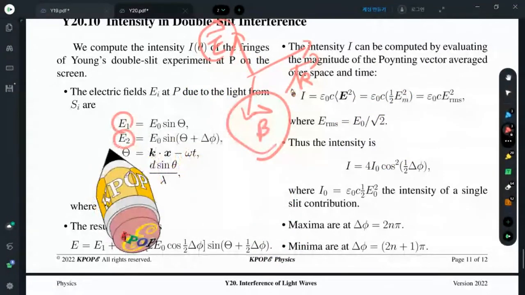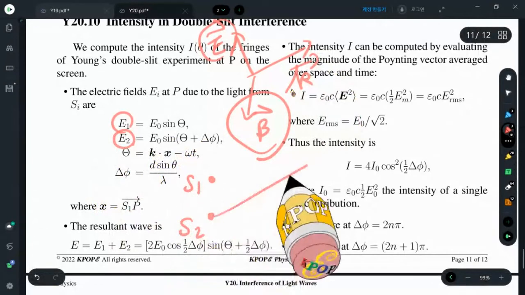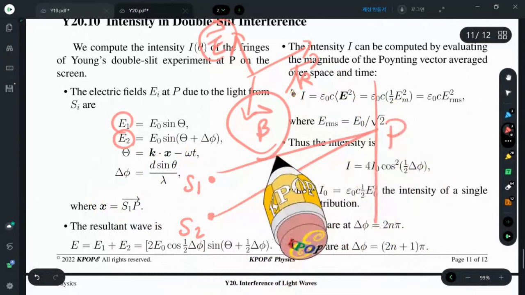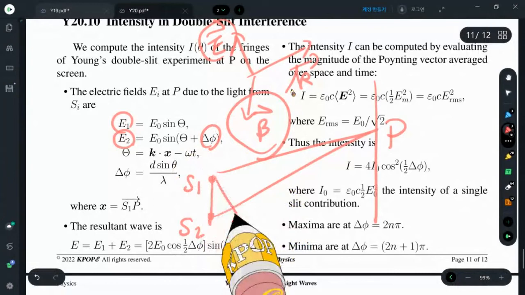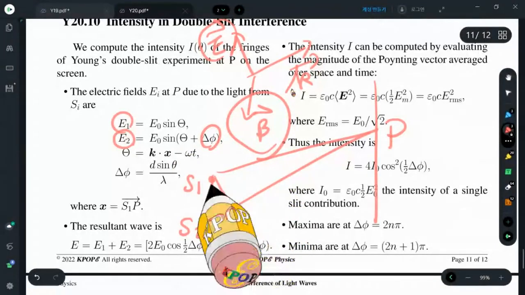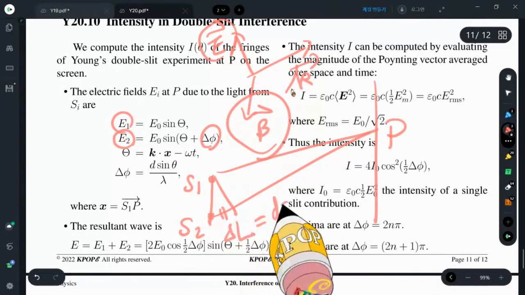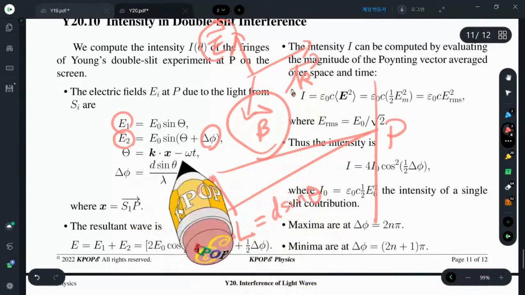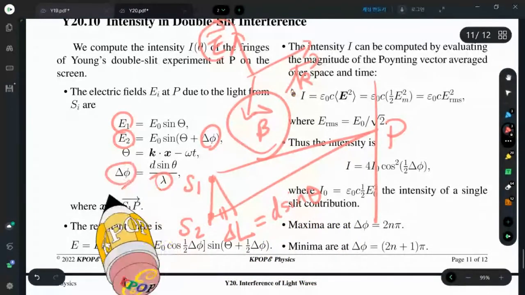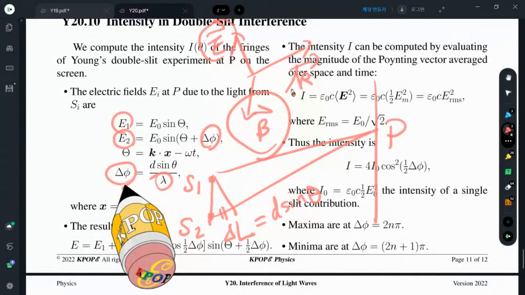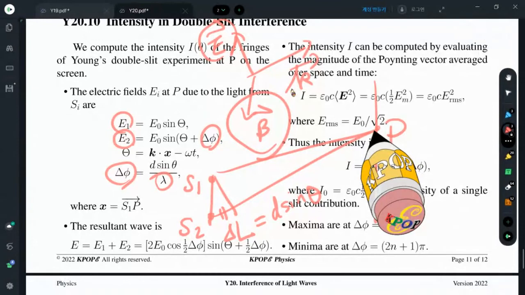The two light waves coming from slit 1 and slit 2 to point P on a screen can have a phase difference due to the path length difference, that is d sine theta. So d sine theta is scaled by the wavelength, and if it is a multiple of 2 pi, then it becomes the bright point.